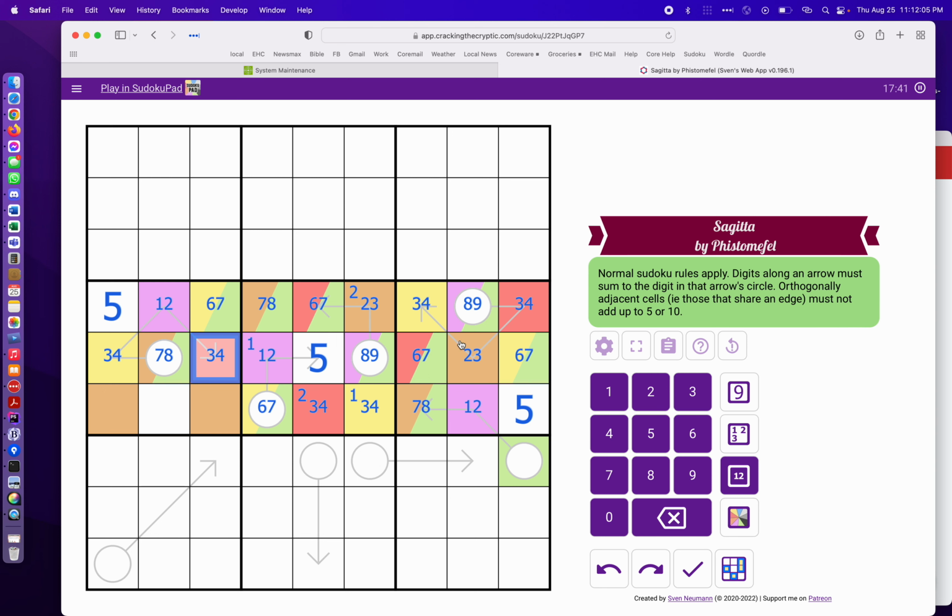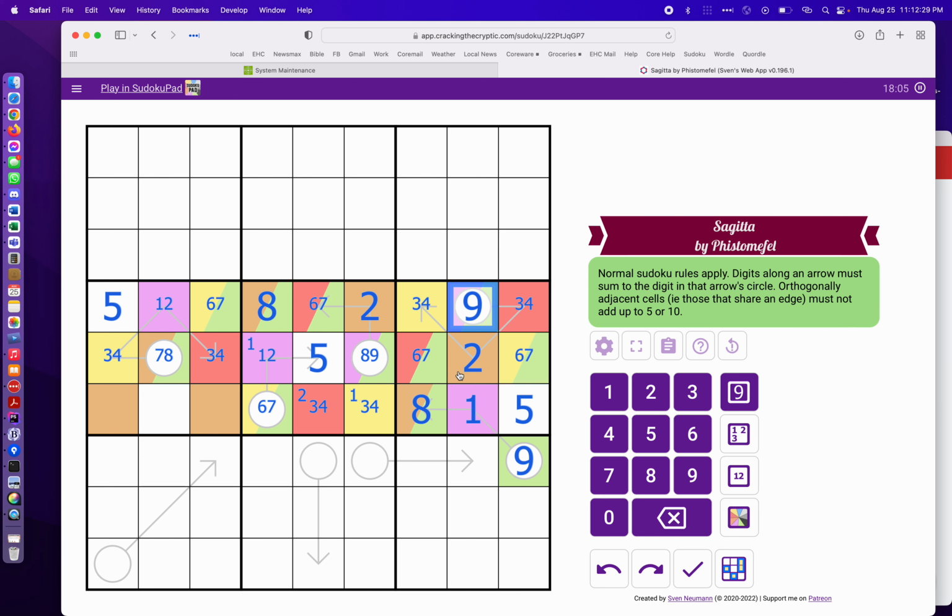Oh, here, now we've got digits. So that's a 3-4 pair. This has to be a 2. And that means this is a 2. That means high orange is an 8, which forces purple to be a 1, and this is a 9.